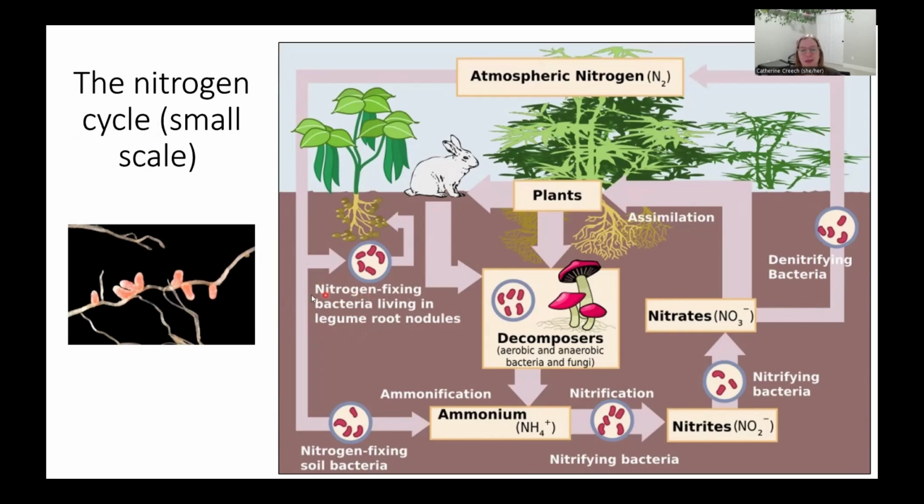Those nitrogen-fixing bacteria in the legumes create these little nodules, and this is filled with bacteria. So the plant creates a house for the bacteria, and in exchange, the bacteria pulls nitrogen out of the atmosphere and turns it into something the plants can use. What does it turn it into?